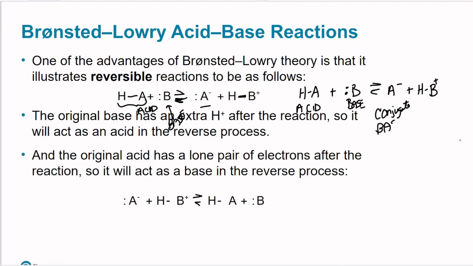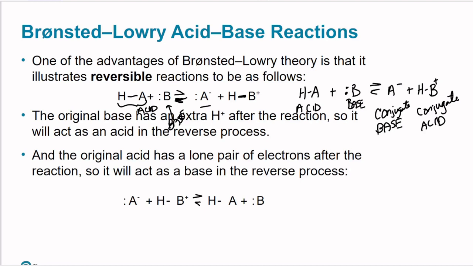This is the conjugate base of our acid. And we form what's called the conjugate acid of our base. So those are the acid, base, conjugate base, and conjugate acid.